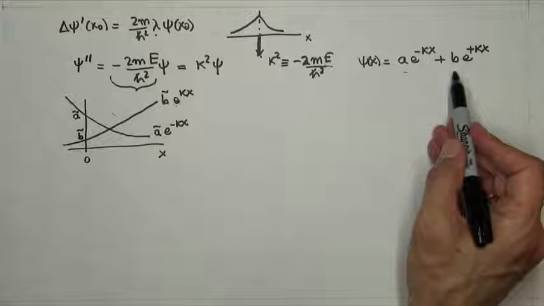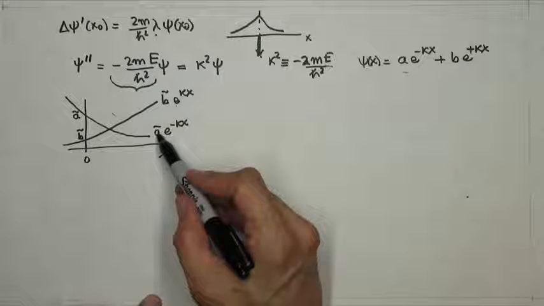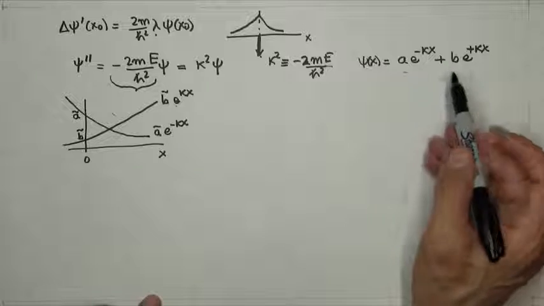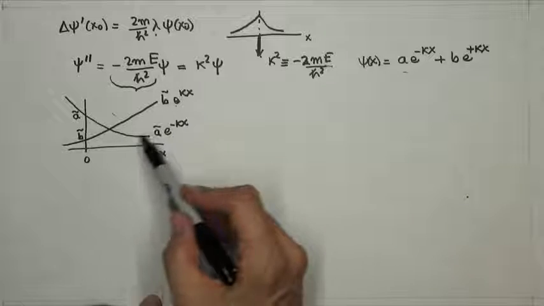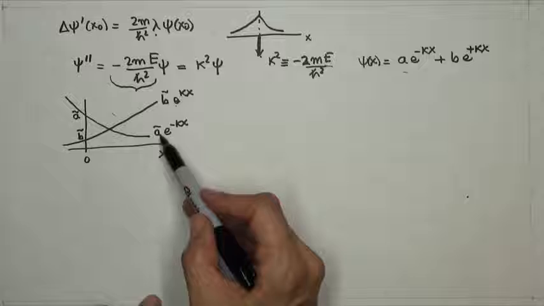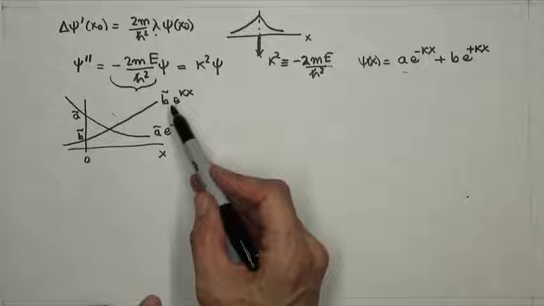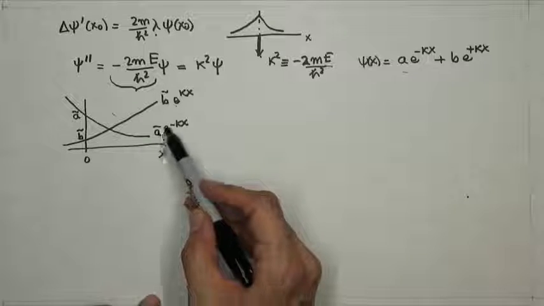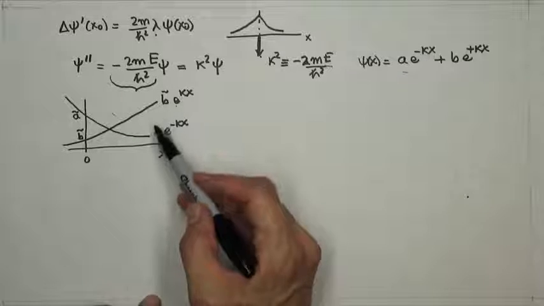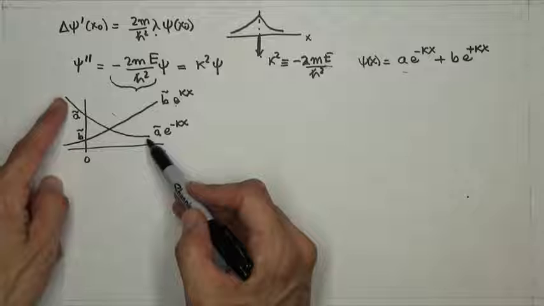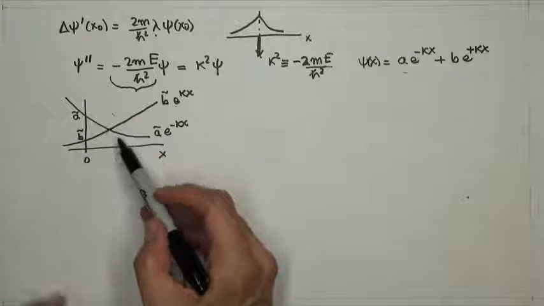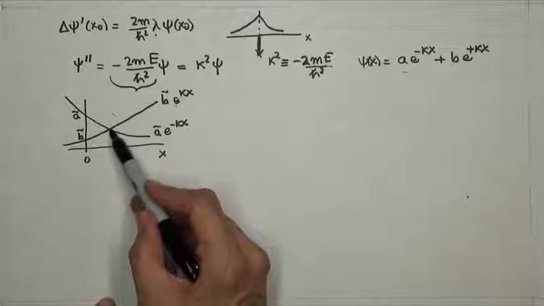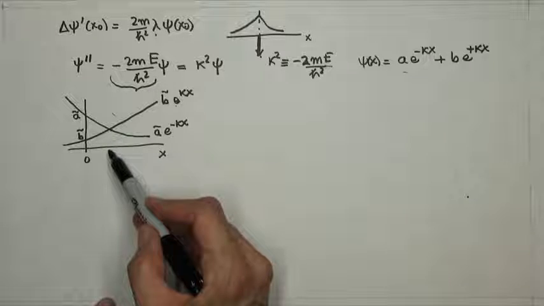The signs may be different. I put an A tilde here and a B tilde so that you don't think these are necessarily the same. But if you think of these two functions, if both were positive, the sum is never 0. So this is like the cosh function that has no 0. But if one was positive and one was negative, they would cancel at the place where they're equal, and therefore you produce one 0.